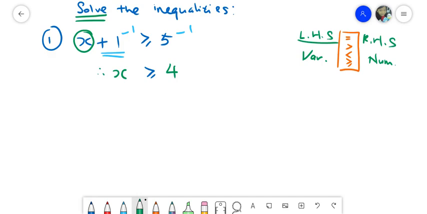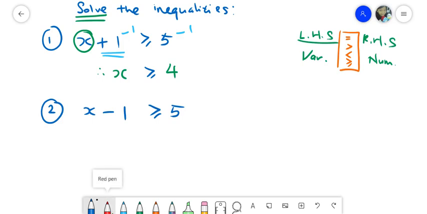Okay, let us go further. Let's say x minus 1. Just now it was plus 1, now it is minus 1. So how? Again, as usual, x remains on the left. What's the extra thing here? The minus 1, right? So how to get rid of the minus 1? You need to add 1 to make it 0.